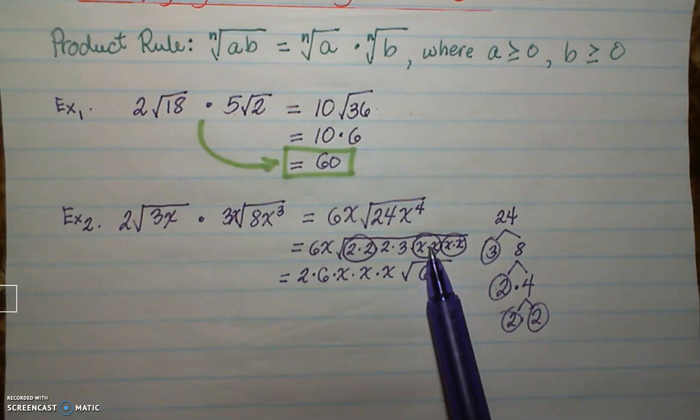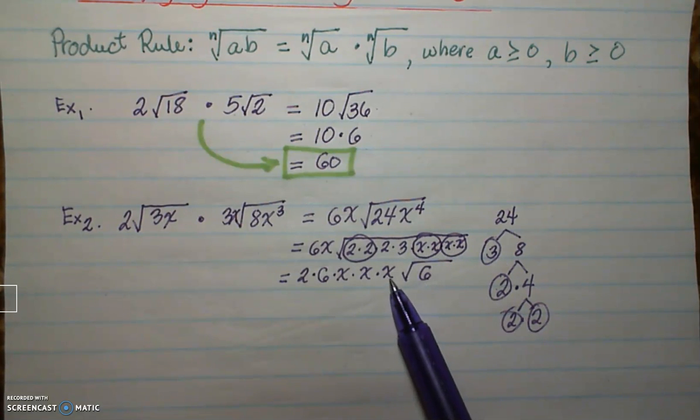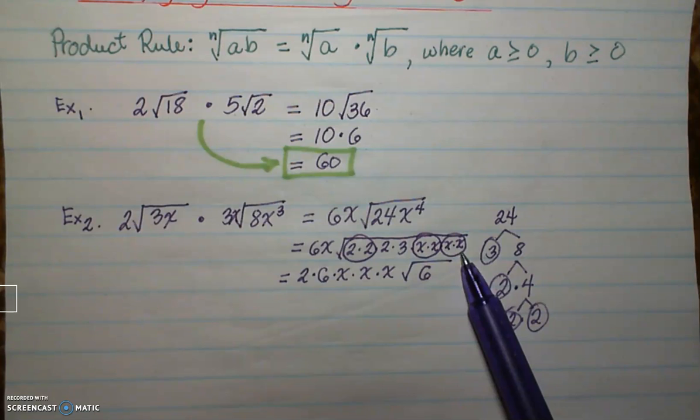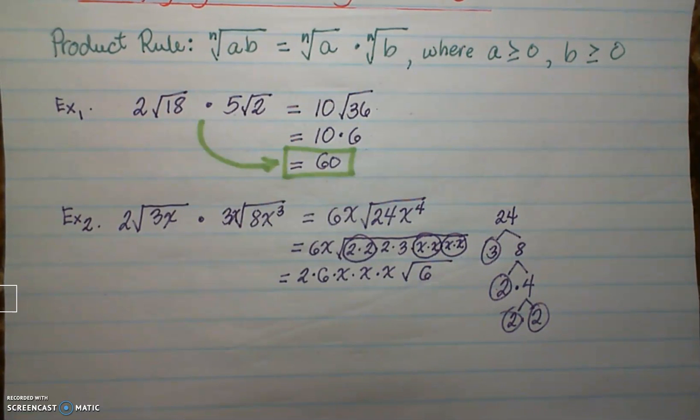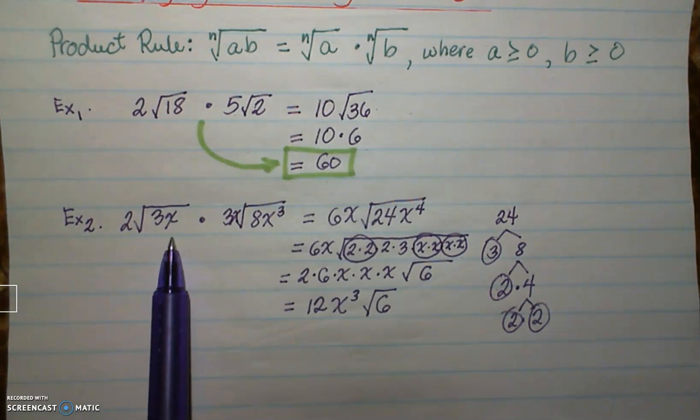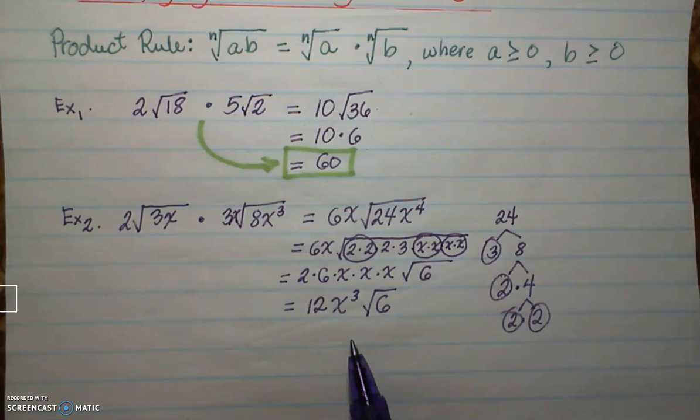This one is for this perfect square right here. The 6 is the 2 times the 3, which has no perfect square. And so we will just simplify all these. For this 2 being multiplied, our final answer is 12x cubed square root of 6.